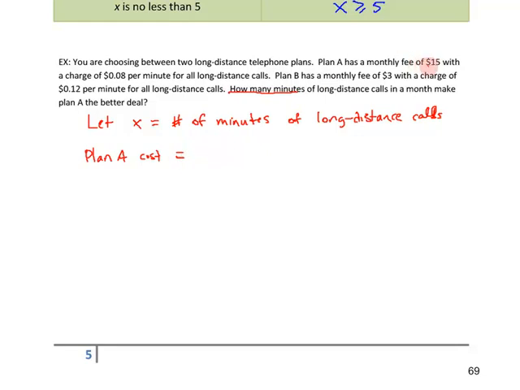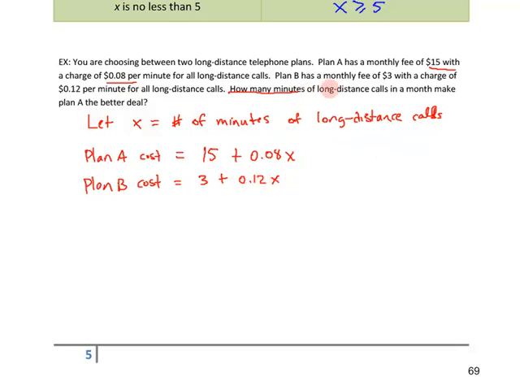It's $15 with a charge of 8 cents per minute. So that's 15 plus 8 cents per, meaning times the number of minutes, which is our unknown. Plan B cost is a $3 fee and then 12 cents per minute. So it looks like this.